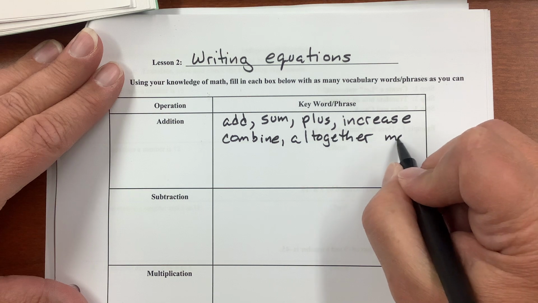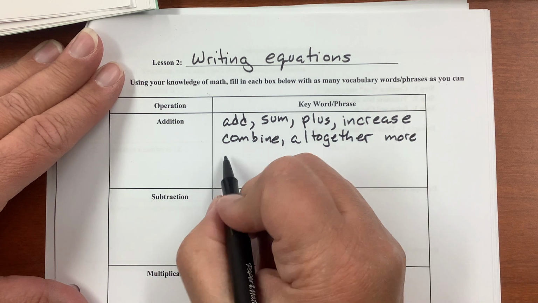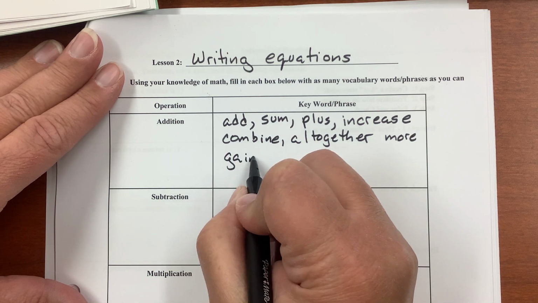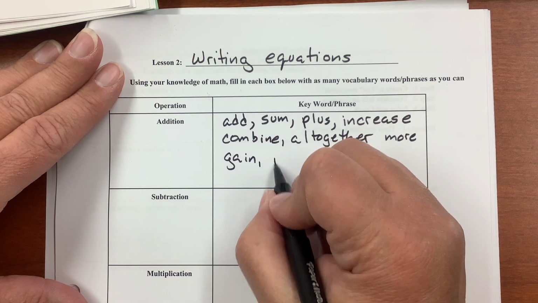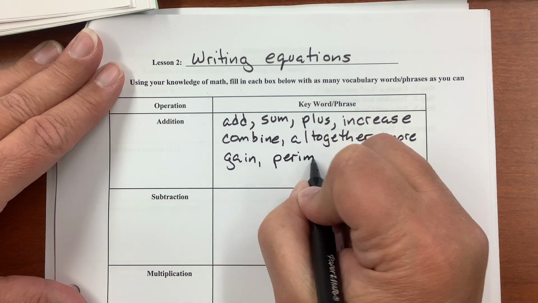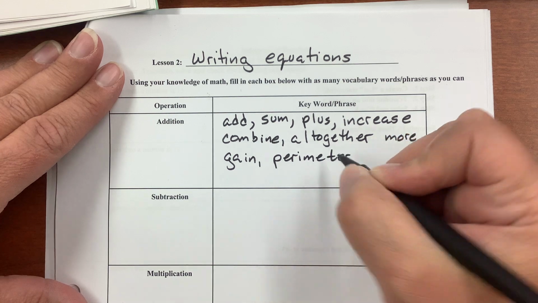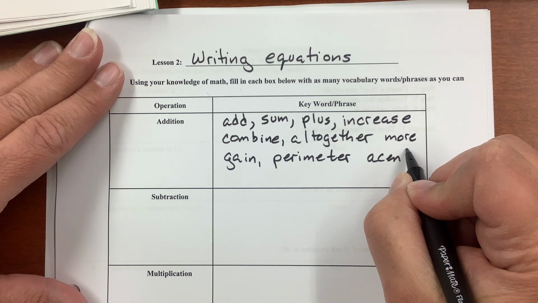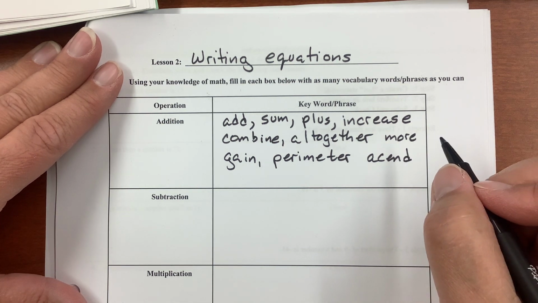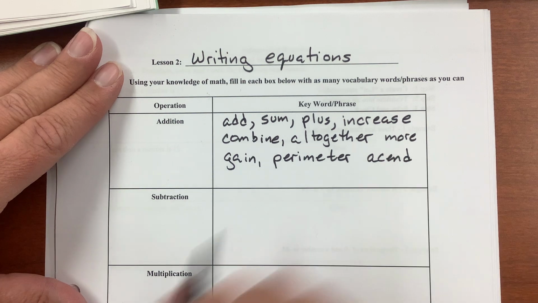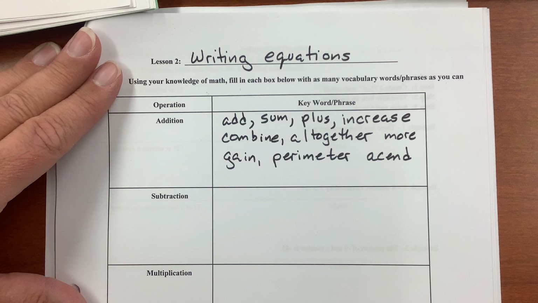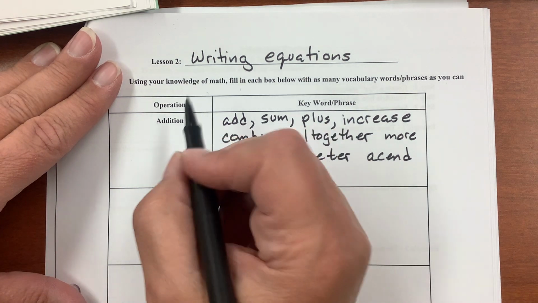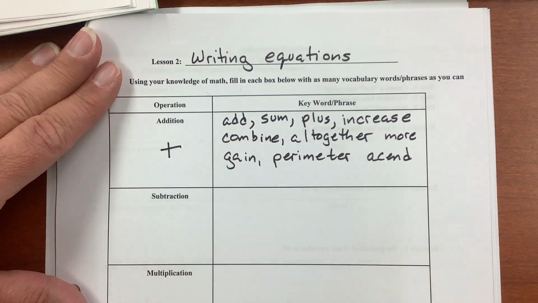More, gain, perimeter. Remember, perimeter was to add all the sides. Ascend, increase. I have that already. I have to think of some more words. Well, the symbol for addition, there's really just the one. It's a big plus sign.